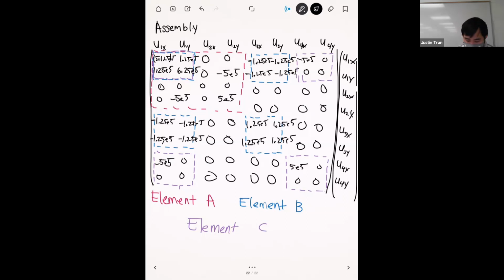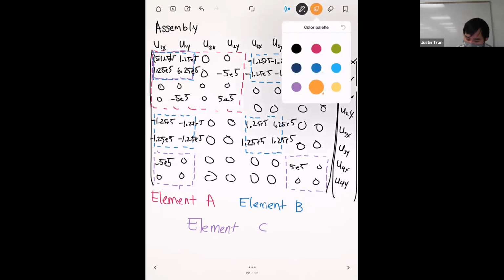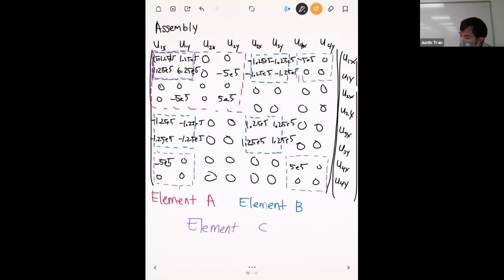All right, any questions on this? Last thing we have to do before we solve is apply boundary conditions. Luckily for us, the boundary conditions here are very simple, in that nodes 2, 3, and 4, all of these guys are completely fixed. And so all of these entries right here are going to be replaced.